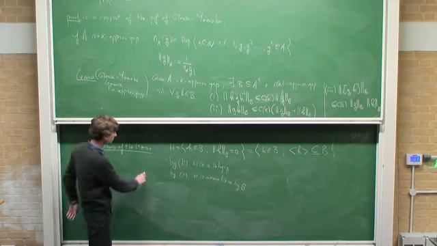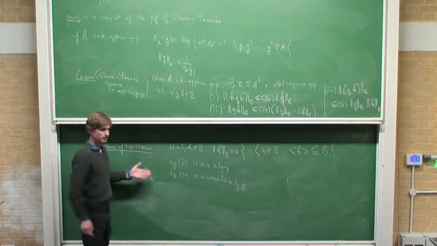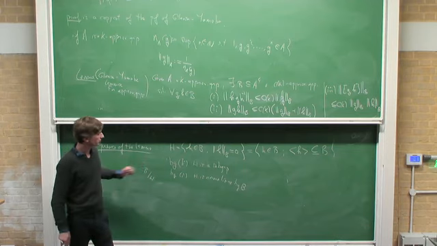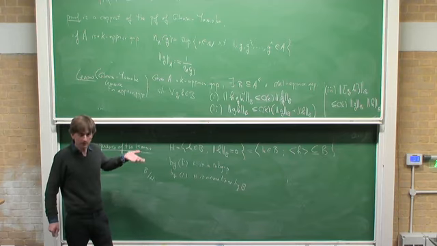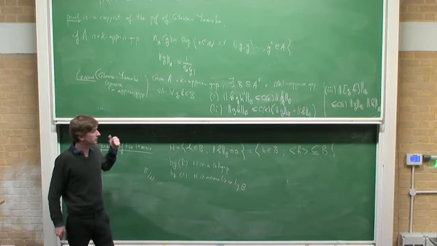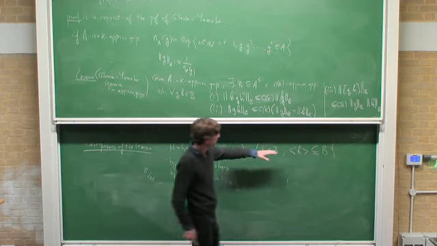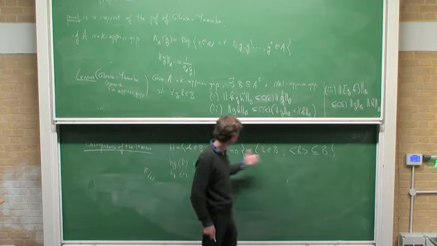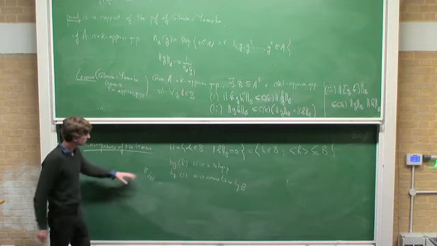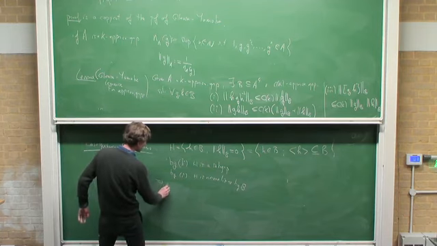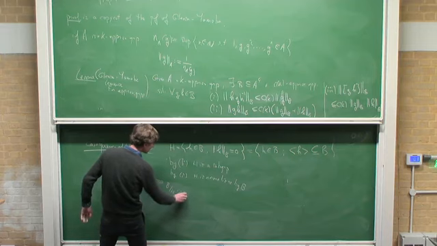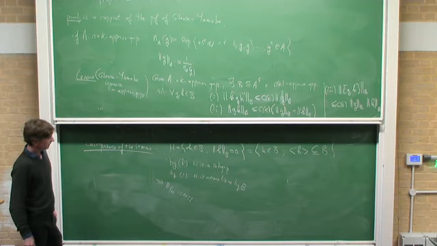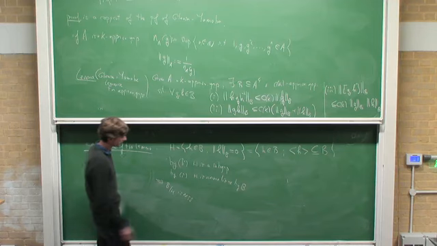So if I look at B mod H, it's going to be an approximate group in the quotient. And this approximate group will have no small subgroups, will not contain any subgroup, because by definition, if the cyclic group generated by some element is in B, it has to be in H. So this means that B mod H will have no small subgroups. Okay, and so that gives a proof of proposition 1.